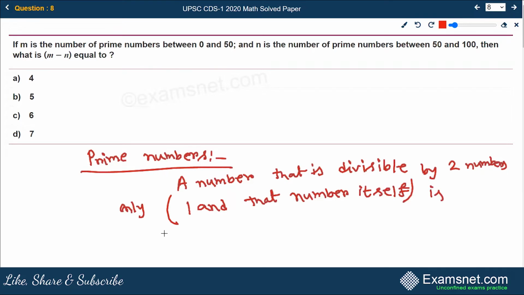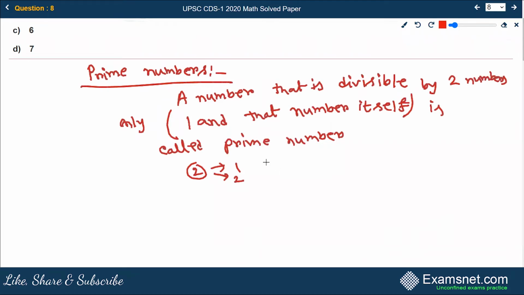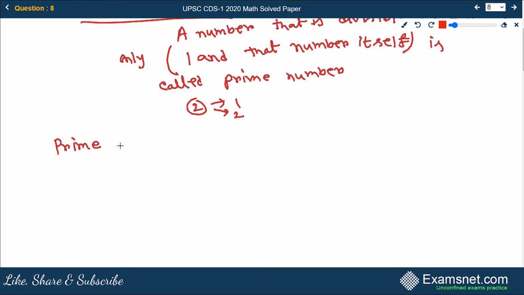That is called a prime number. Let's say 2. So 2 is only divisible by 1 and 2. No such other factor is there for 2. So 2 is a prime number. Now, prime numbers between 0 and 50 are, 1 is not a prime number, remember.